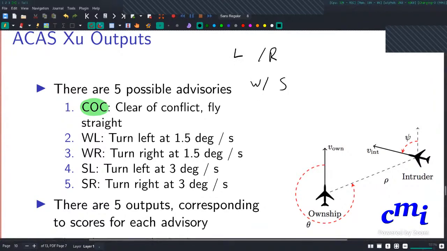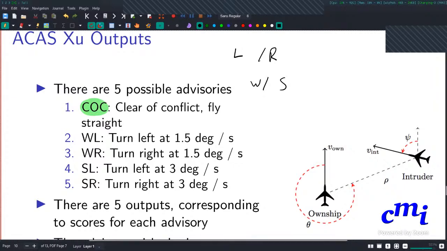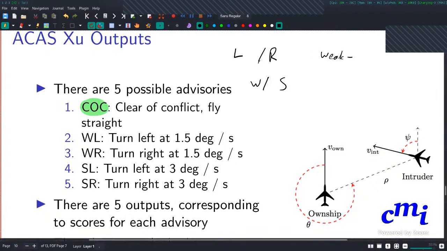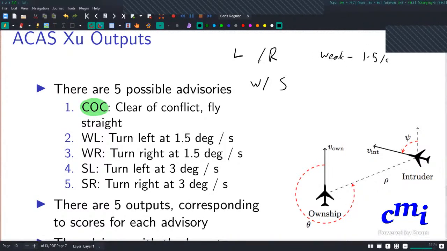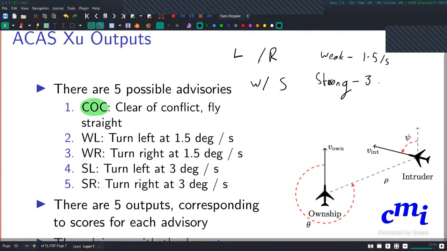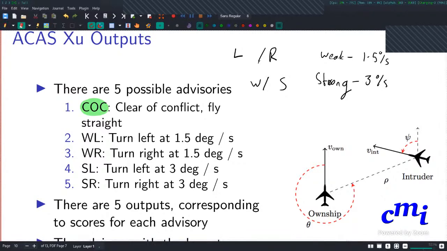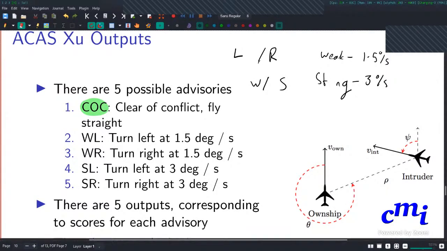So you have just 4 possible turn commands based on these 4 combinations, right? Left and right is of course clear. A weak turn means it should turn at 1.5 degrees per second, and the strong turn should be at 3 degrees per second. Okay, so this is the idea of what the turns are.